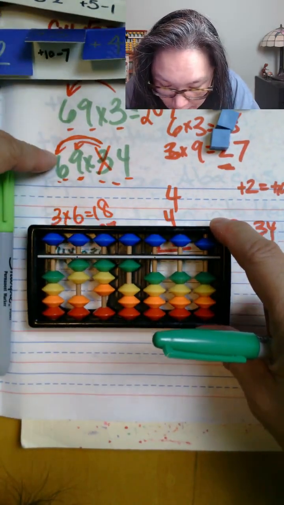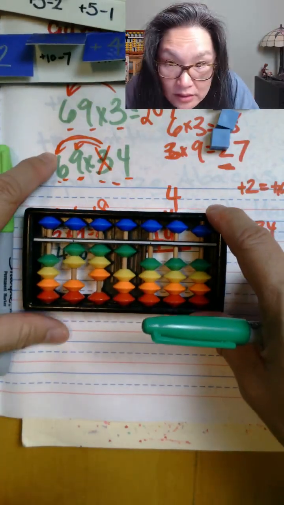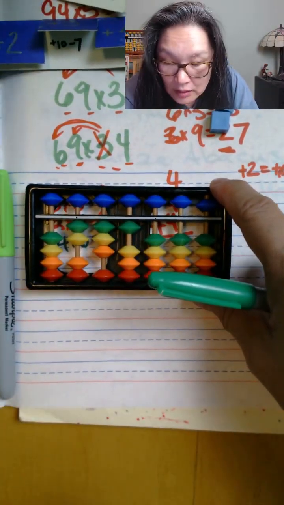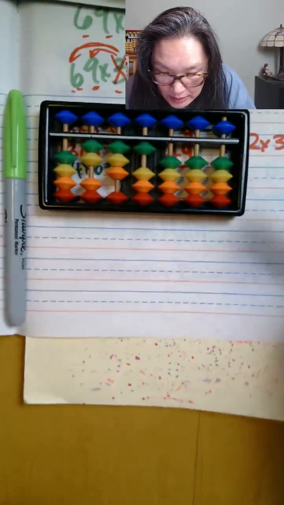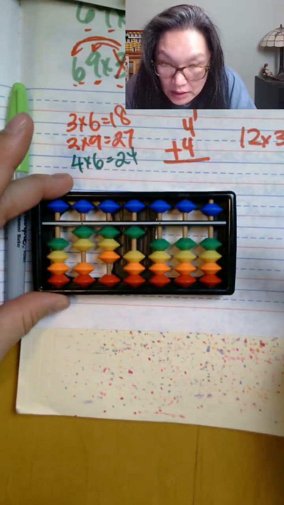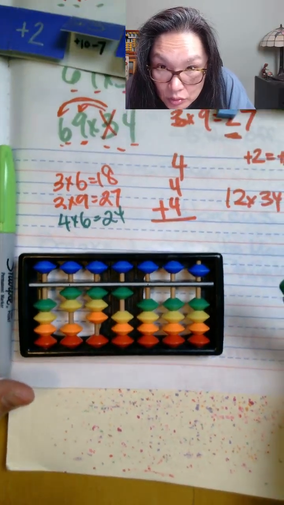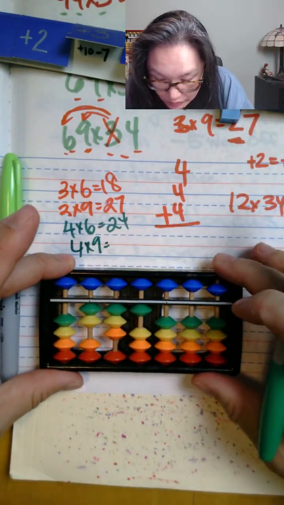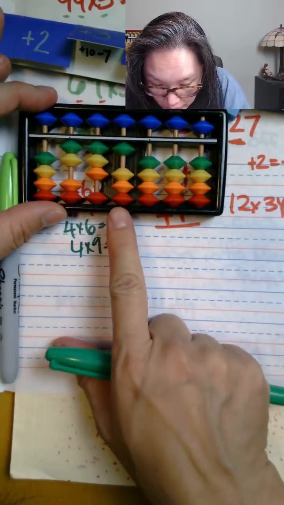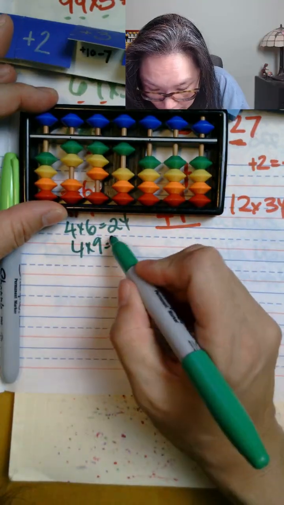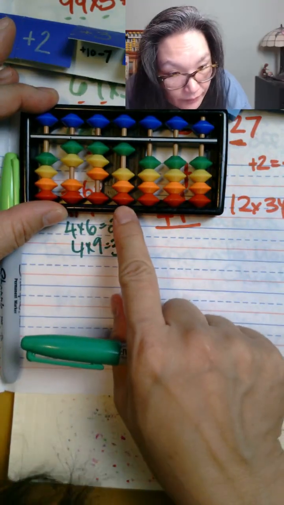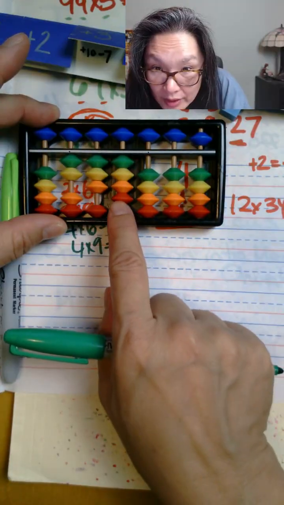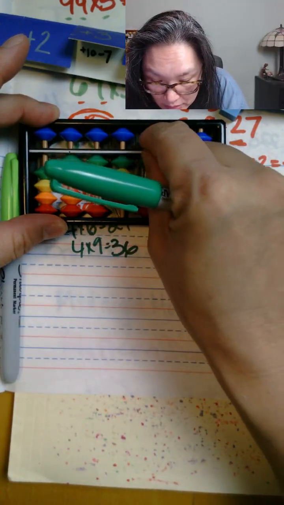4 times 6. So then my next one is 4 times 9. 4 times 9 is equal to 36, right? So add my 30 and add my 6.